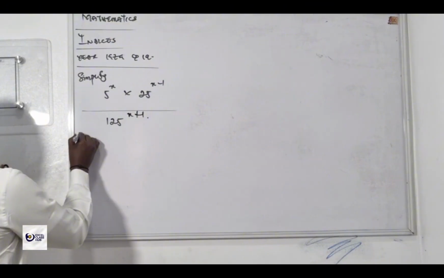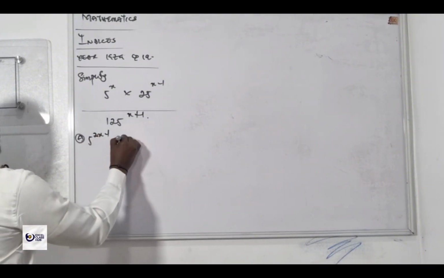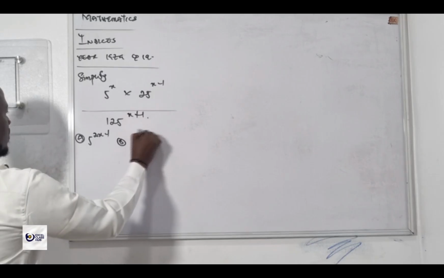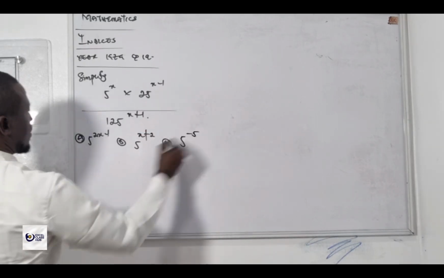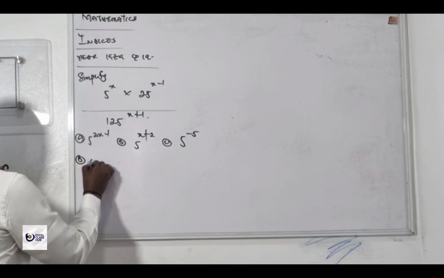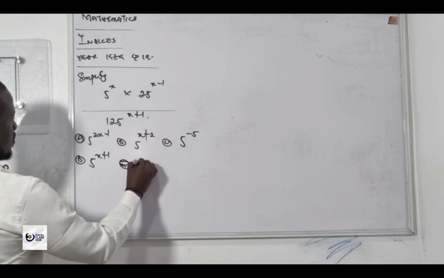A, 5 raised to the power 2x minus 1. B, 5 raised to the power x plus 2. C, 5 raised to the power minus 5. D, 5 raised to the power x plus 1. E, 5 raised to the power 3.